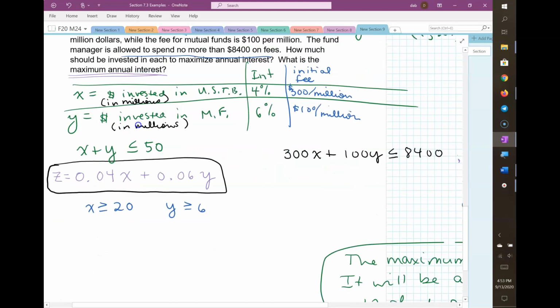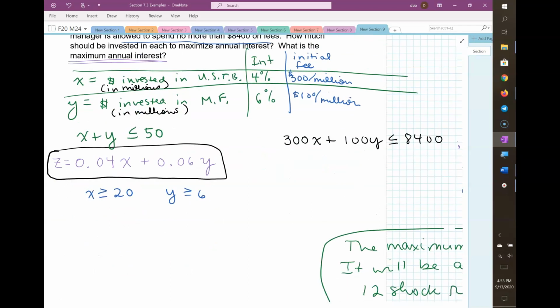Okay, so once we make the graph, then we can see where the corner points are, and we would evaluate this z function at all of the corner points, and we would want to maximize the annual interest.